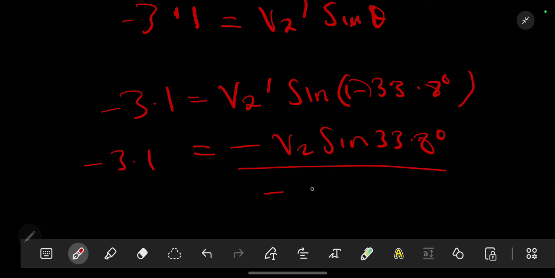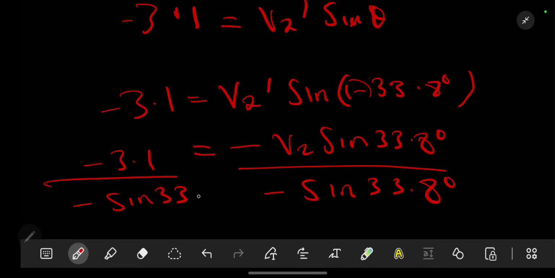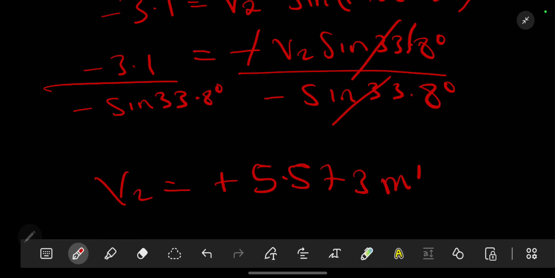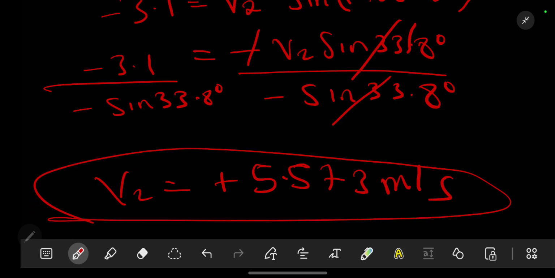Then we divide over the negative sine of 33.8 degrees, so that V2 should be equal to 3.1 divided by sine of 33.8. This gives us a value equivalent to positive 5.573 meters per second. So that is how we solve that one.